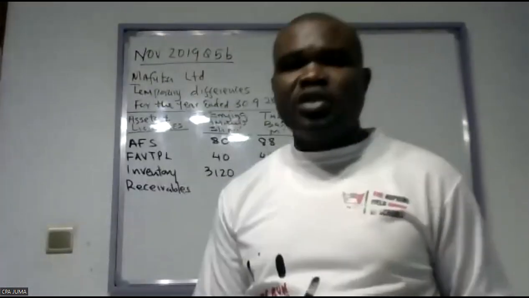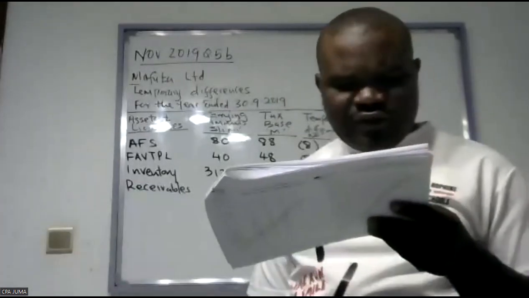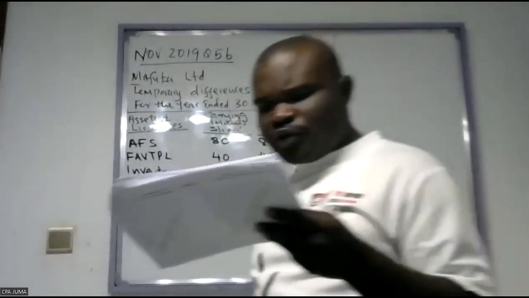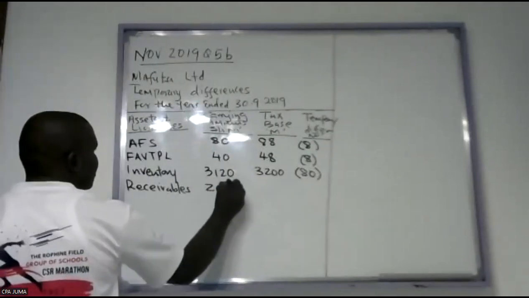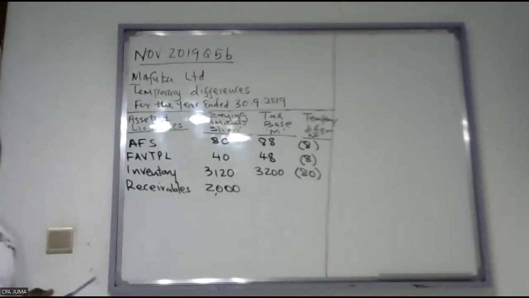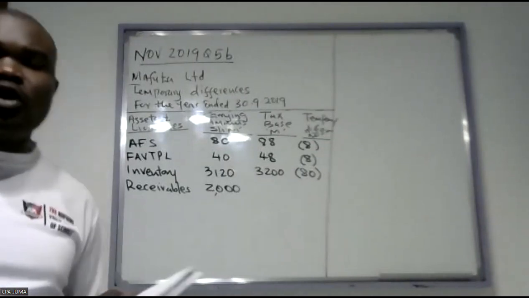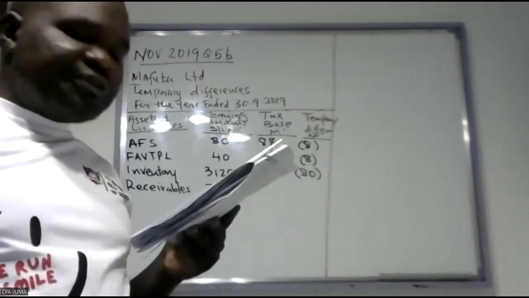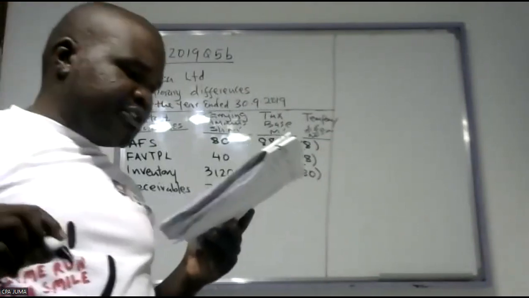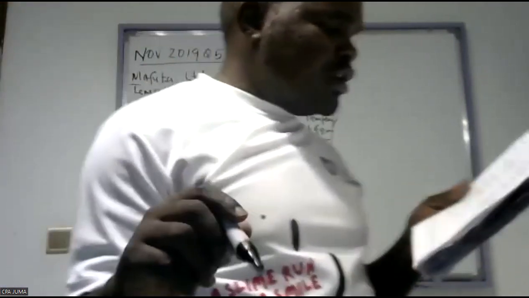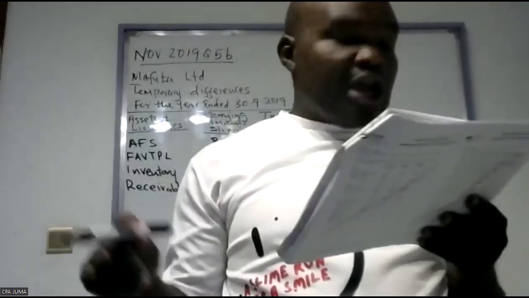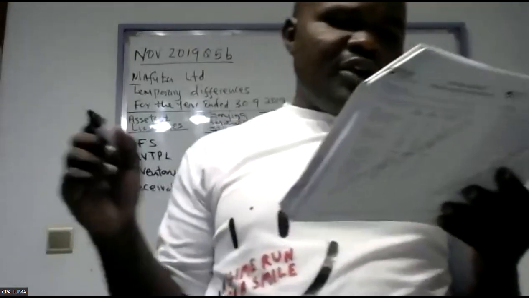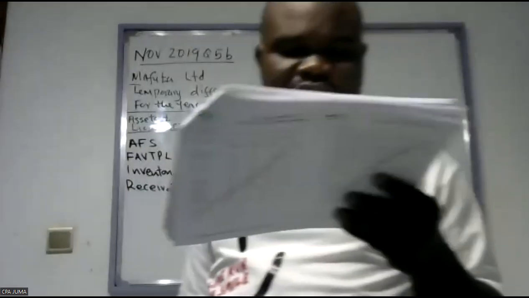Receivables had a carrying amount of 2,000, and you record that, after making an allowance for doubtful debts of 80 million and an exchange gain of 160 million unrealized.